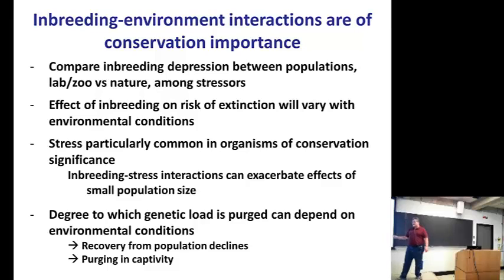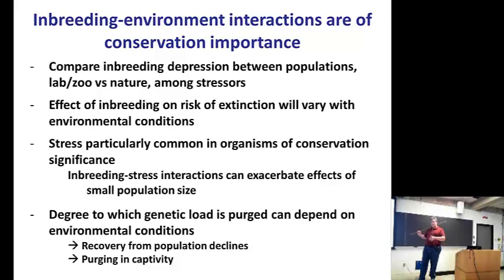And then there's a fairly large discussion in the conservation biology literature about purging of the genetic load. The general consensus is that the breeding designs that are necessary to purge the genetic load in a population, say in a zoo or in a laboratory environment, before releasing those organisms back into nature, are probably just not practical.